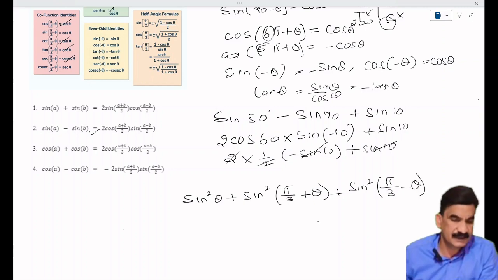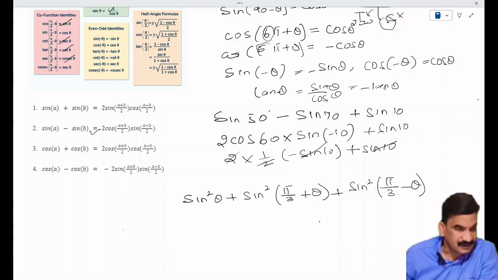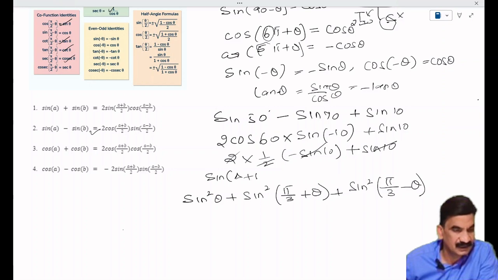What do you do with this? Again, there is an identity, a formula; all these formulas are results of basic identities. The formula says that sine (a plus b) is equal to sine a cos b plus cos a sine b.